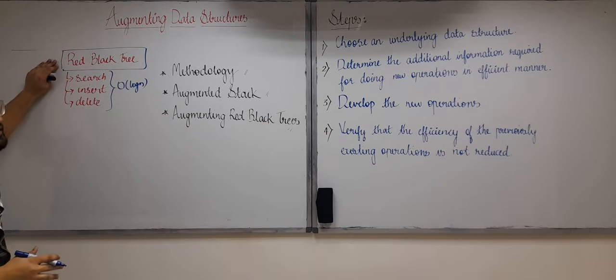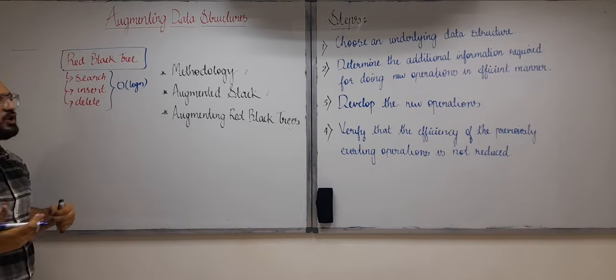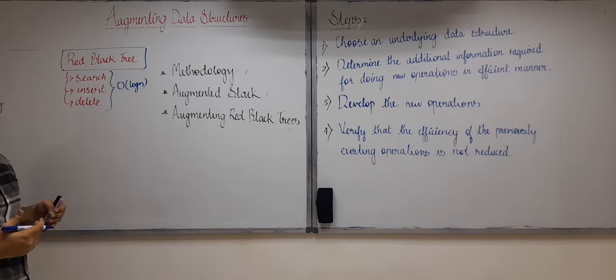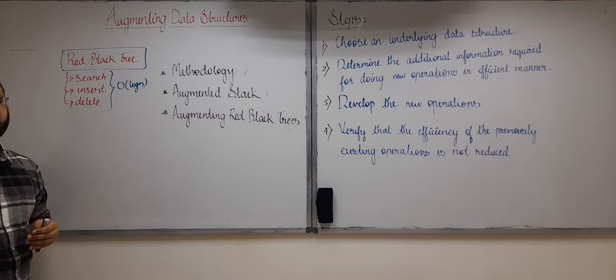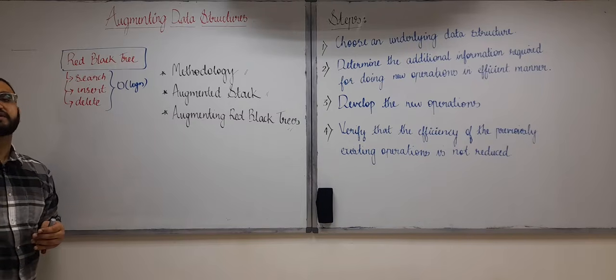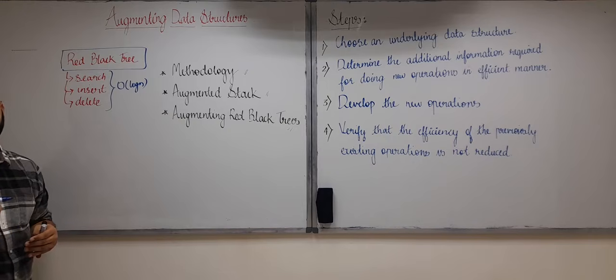So here we have got a data structure that is red-black trees, and in red-black trees we can perform these three operations, right? Normally we perform these three operations. But suppose I want to include another operation in case of a red-black tree, like I also want to find out the ith smallest element, for example, the third smallest element, the fifth smallest element.